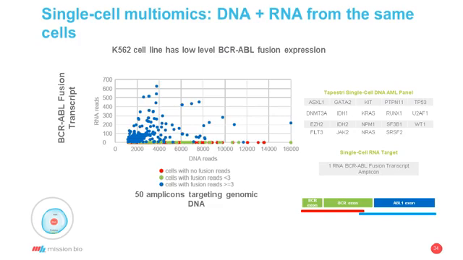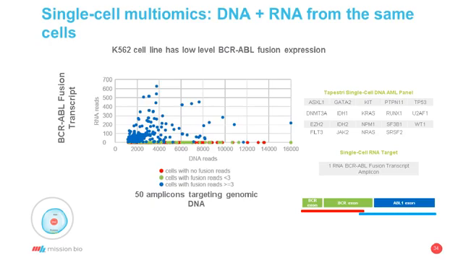Here's some early work where we tried to get both DNA and RNA out of the same cell. In this case, we've got DNA reads coming on the x-axis, and then a specific BCR-ABL fusion transcript from the RNA coming on the y-axis.